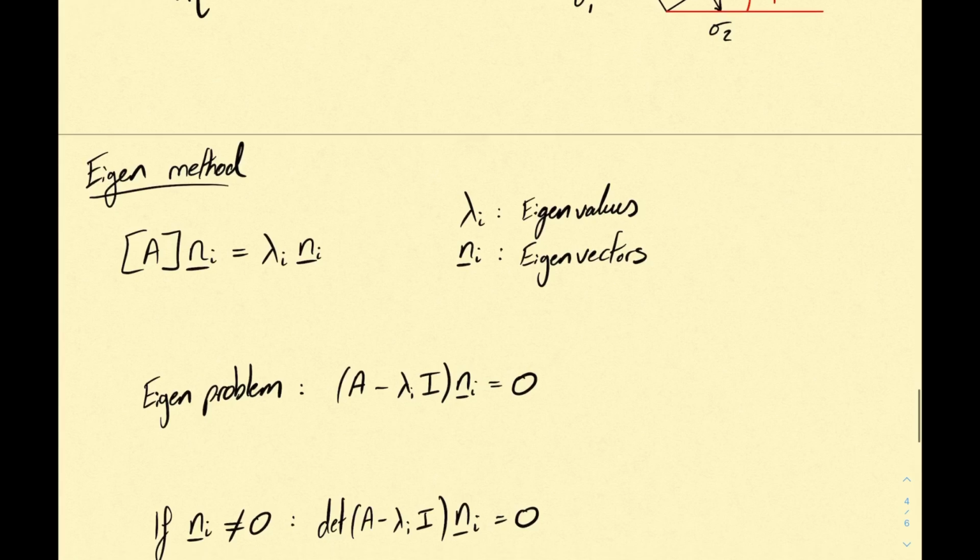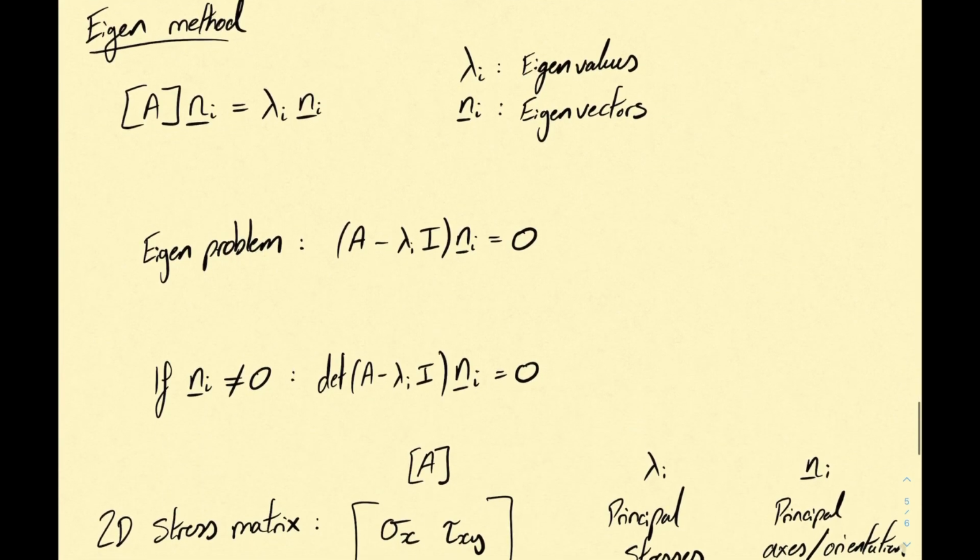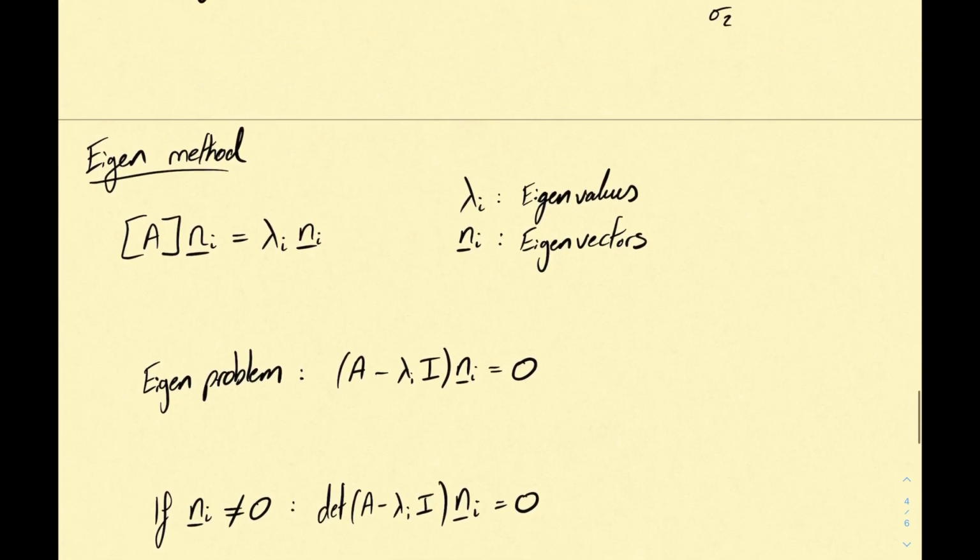Now there is one other way to obtain things like principal stresses and the orientation of them. And that is by using the eigenvalue method, or the eigenvalue problem. So just a quick reminder, with the eigenvalues and eigenvectors, you can basically write this equation over here, where lambda i are the eigenvalues of the system, and the vectors n i are the eigenvectors of the system, and A is your matrix.